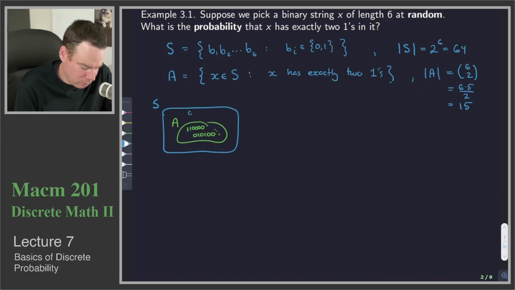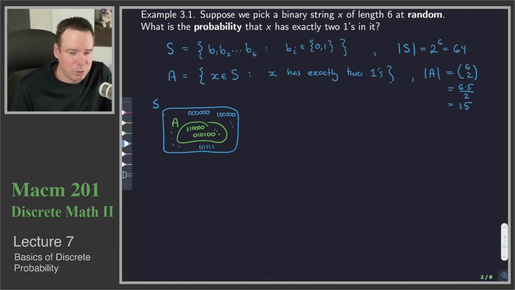So for example, it could be the string of all zeros, so no ones in it, or you could have 1, 1, 2, 3, etc. Or you could have all ones in there. So there's lots of different choices for the strings that are going to be in S but not in A.